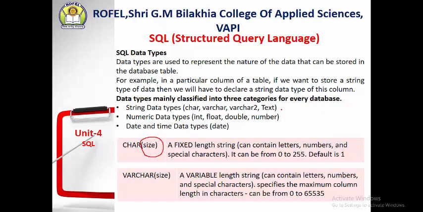Now same way, integer, float, double and number. Integer is assigned only the integer value, float and double are assigned with decimal point numbers. Then number is the same as integer. Date and time data types contain date and it only supports the date value.